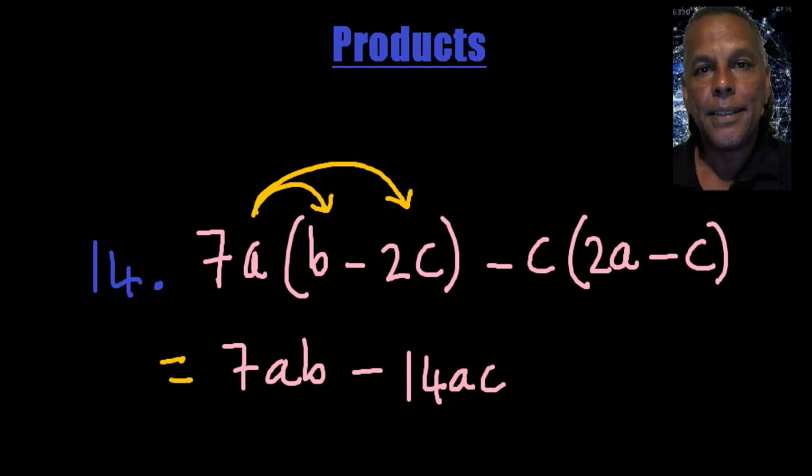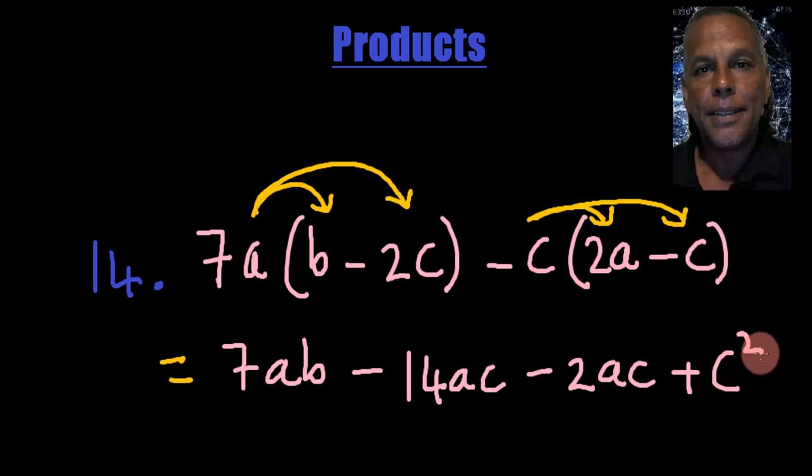Now we can multiply the negative c into the second set of brackets. So negative c times 2a is negative 2ac. A minus times a minus is a plus, and c times c is c squared. Now we can add like terms.